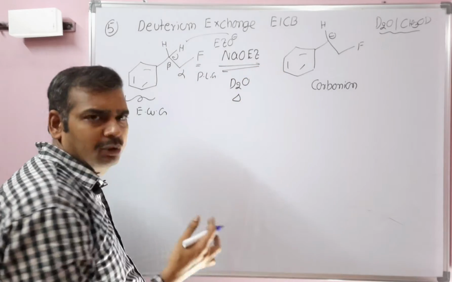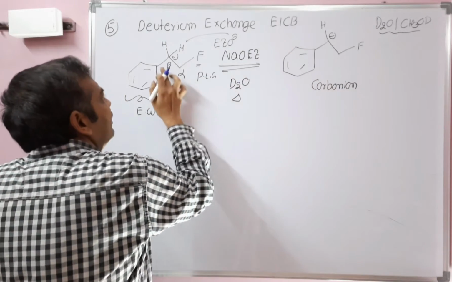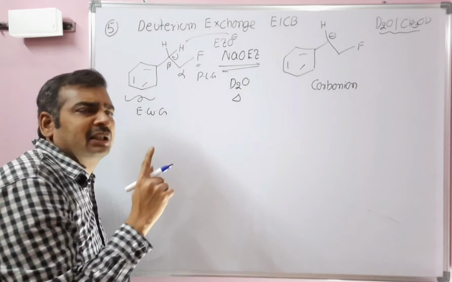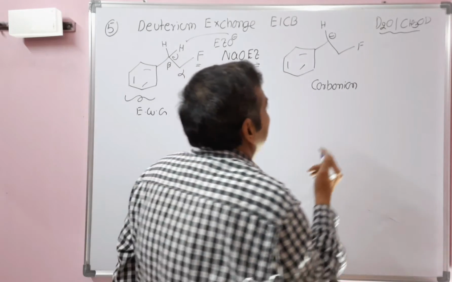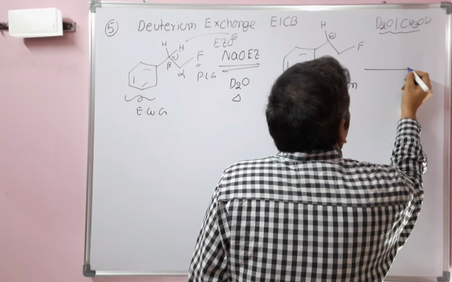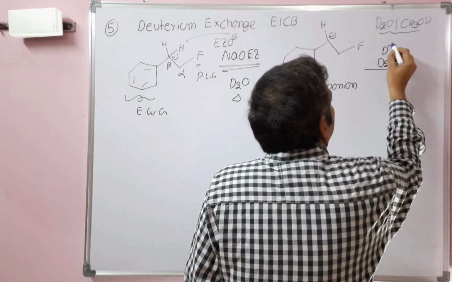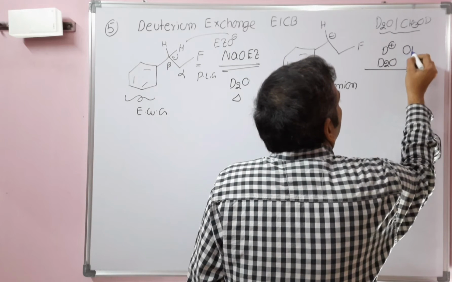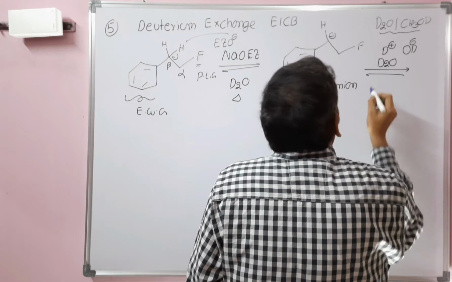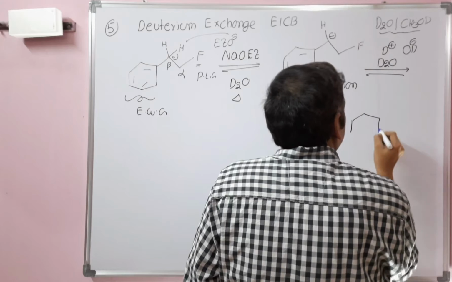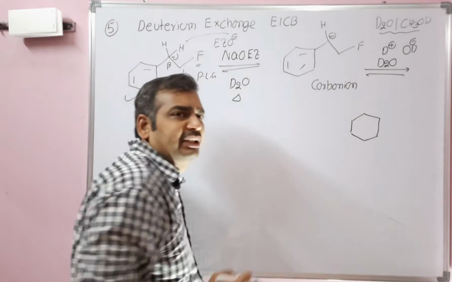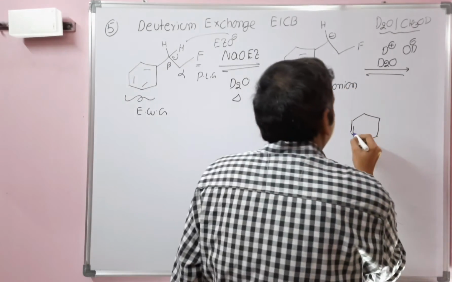Because D2O is a polar protic solvent, so the carbanion can go back, there is a chance for the backward reaction. Since D2O is used as the solvent, D2O means D plus and OD minus. So there is a reversible reaction with deuteration. Deuteration is possible here.